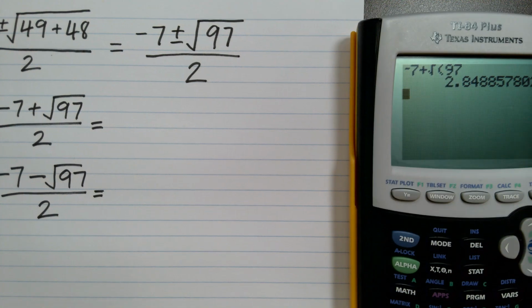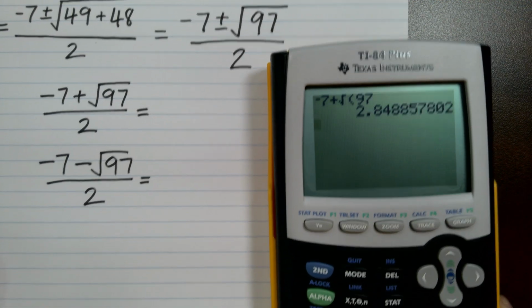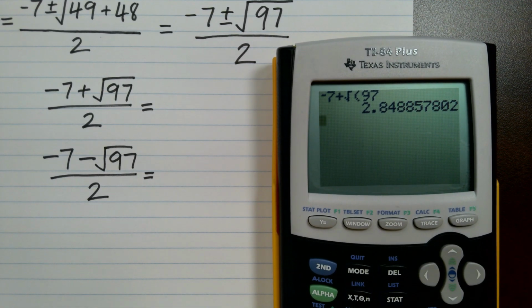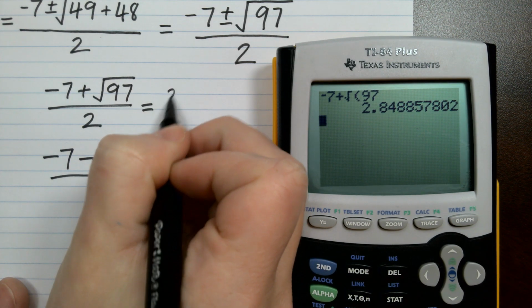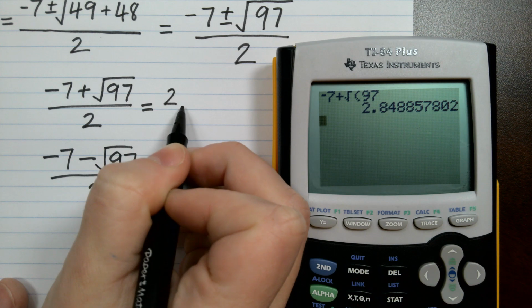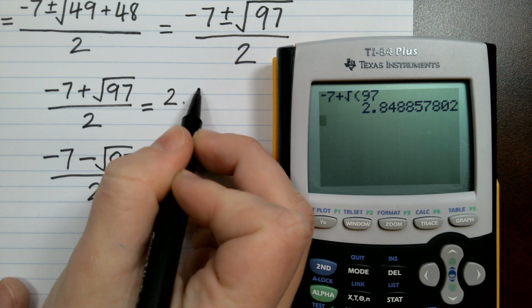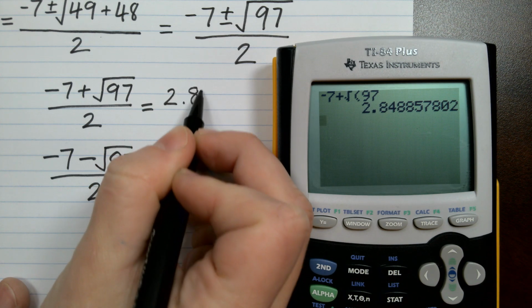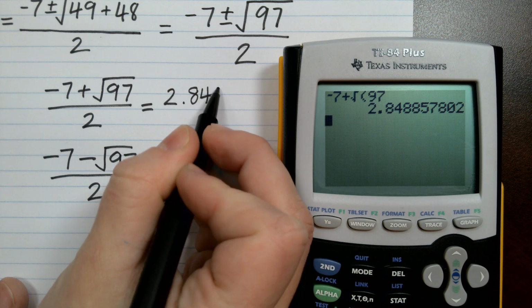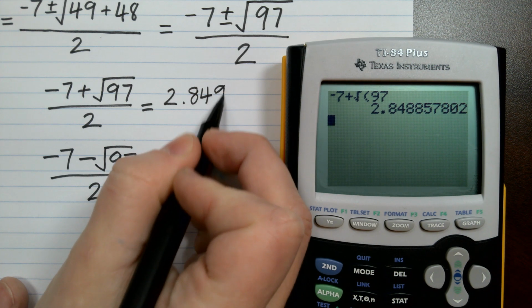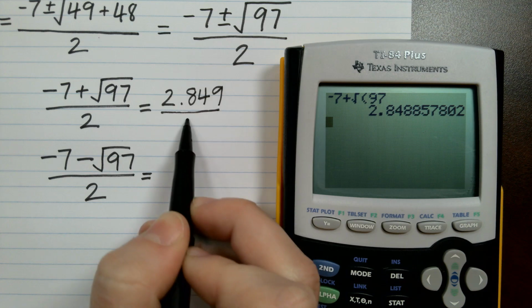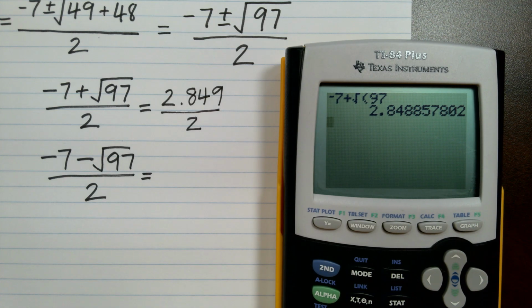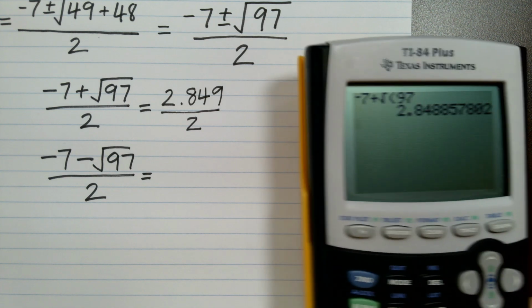So I usually, while I'm writing work out, like to keep 3 decimal points just so I can stay as accurate as possible. So I'm going to write 2.84, and if we round it up, it would be 9, but if you put 8, that would be okay too. And it's still divided by 2. Okay. So what would I do next?